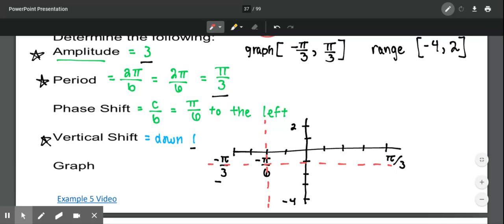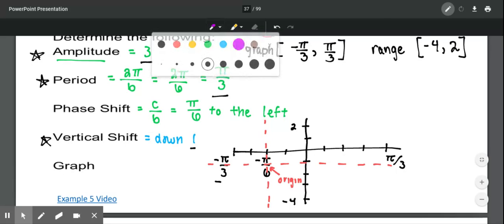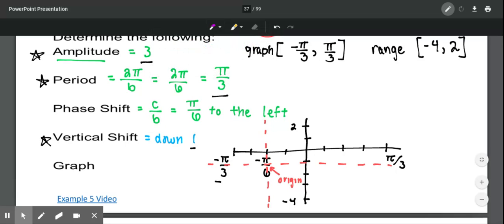And if we shift the x-axis down 1, now this point right here, that's your new origin, okay? So when we graph our sine graph, that's where we're starting, because remember your sine graph starts at the origin, but it starts at wherever that new origin is after you've shifted everything. So our sine graph will start here.